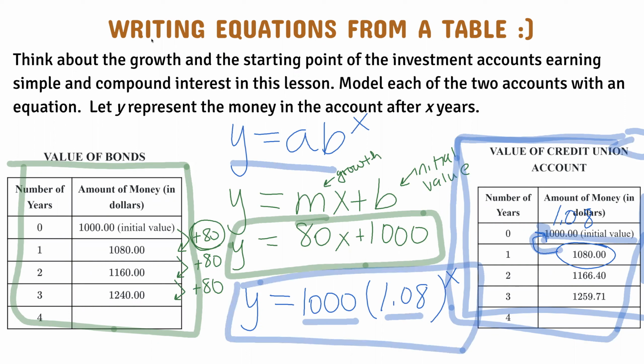Linear, as a reminder from Math 1, right? Your B is your y-intercept, that's this guy. Your M is how much you're growing by each time, as long as the difference in X is by 1 as well. Just be careful with that. Because your change in Y is 80, your change in X is 1, so 80 over 1 is just 80. But that is it for writing equations from a table.